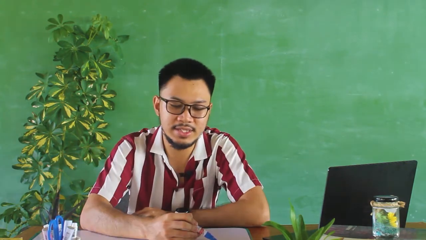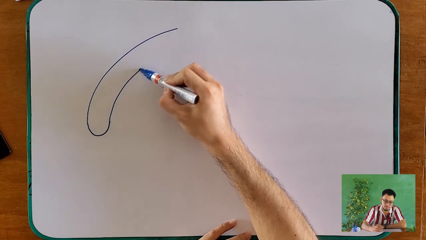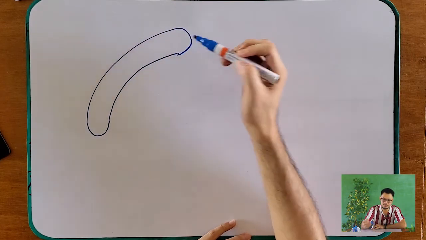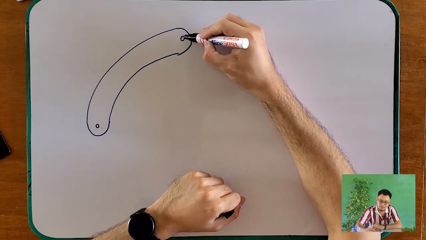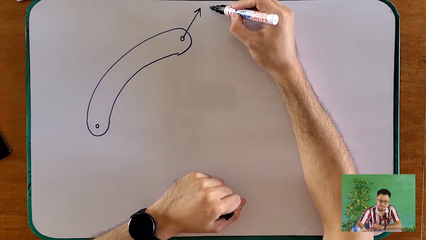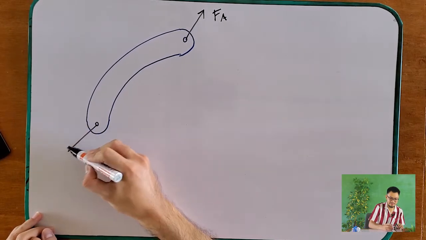Let us first deal with the 2 force member. So when you say a member is a 2 force member, for example, this is your member. This member is subjected to forces FA and FB.